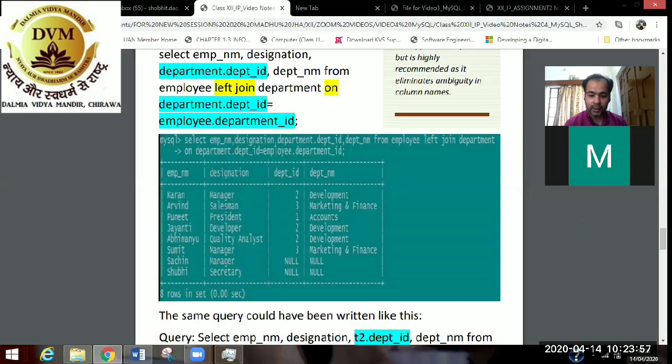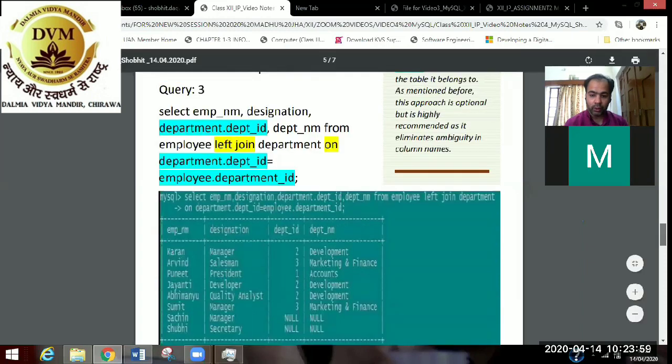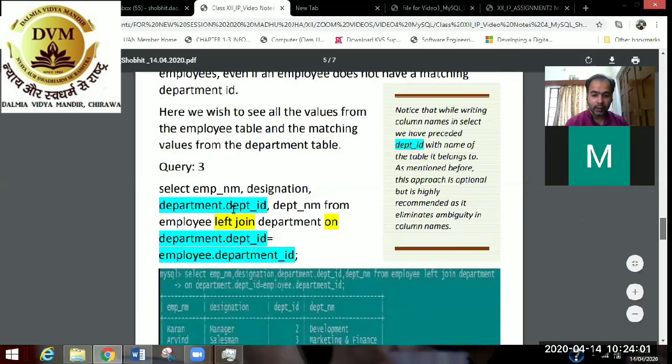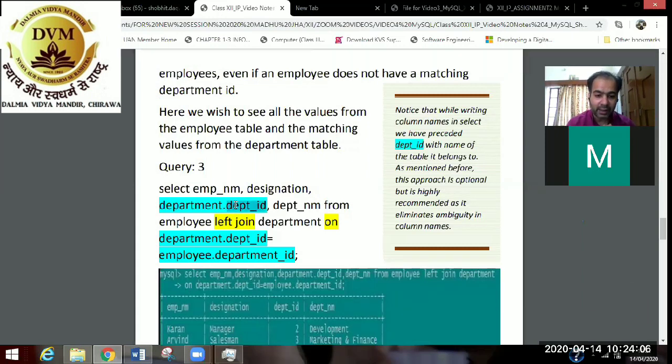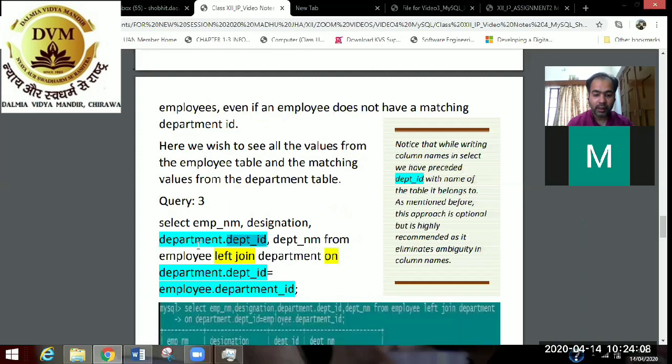What also needs to be noted is that over here DPT ID has been preceded with department, that is the name of the table. This is an optional thing that you should do.